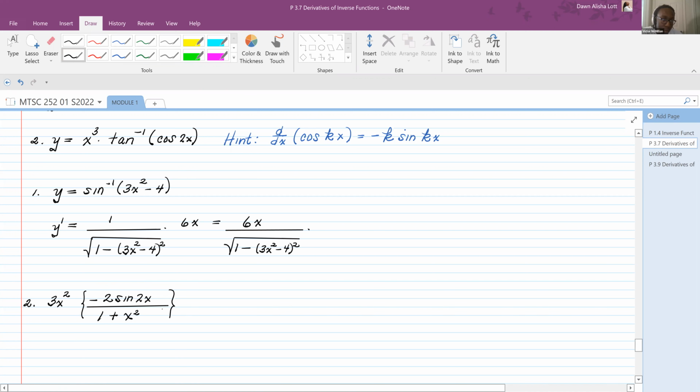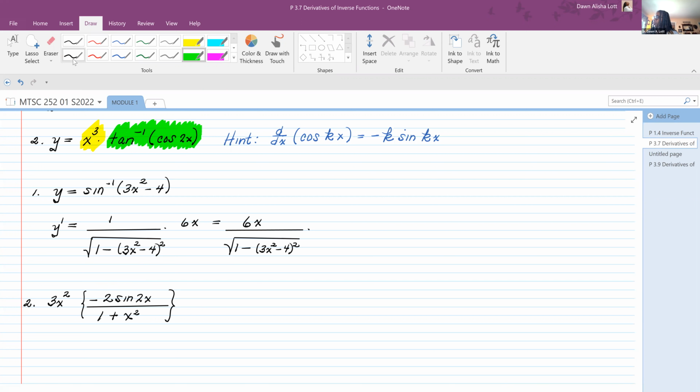Wait. I'll give you a hint. This is one function, and this is another function. No, not u substitution. You did the derivatives right, but what rule do you need to use? Multiplicative rule or product rule. The product rule.